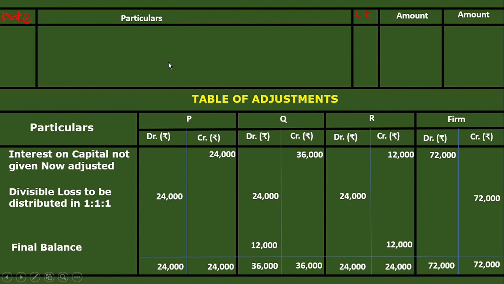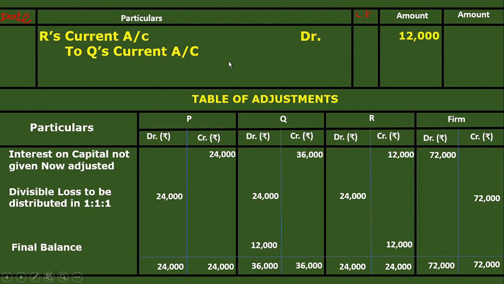Next we have to pass the journal entry, and we know that Q has been debited here, so we have to credit Q's capital, and R has been credited here, so we have to debit R's capital. Here one thing we have to keep in mind, that the journal entry will be R's current account debit to Q's current account. So students, the figure is 12,000.